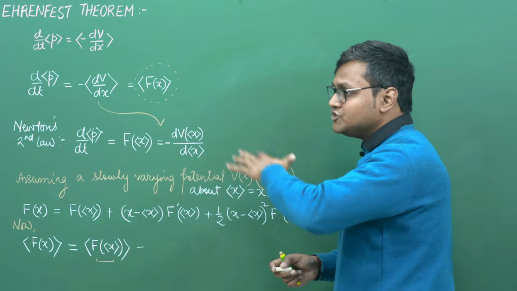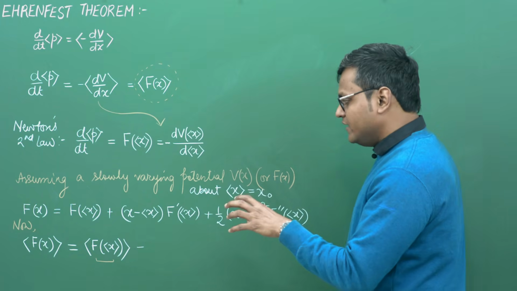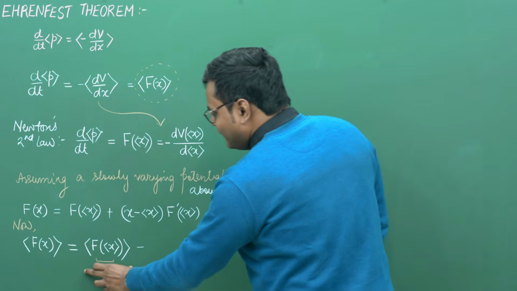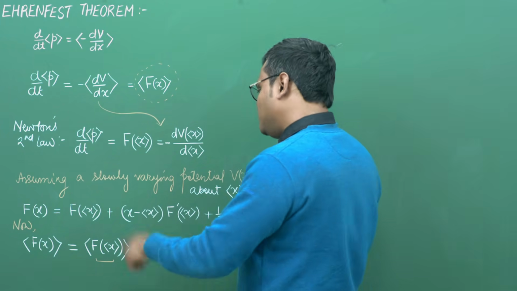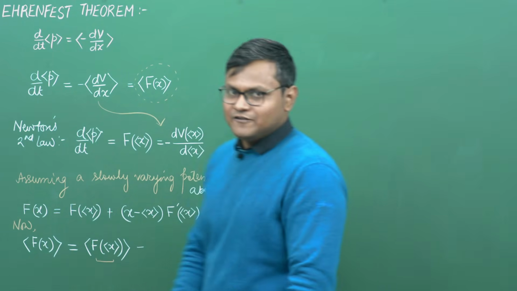There can't be a large number of different forces that the particle experiences at the same location at that given instance. Therefore, the average of the force experienced by the particle at x naught is that number itself.